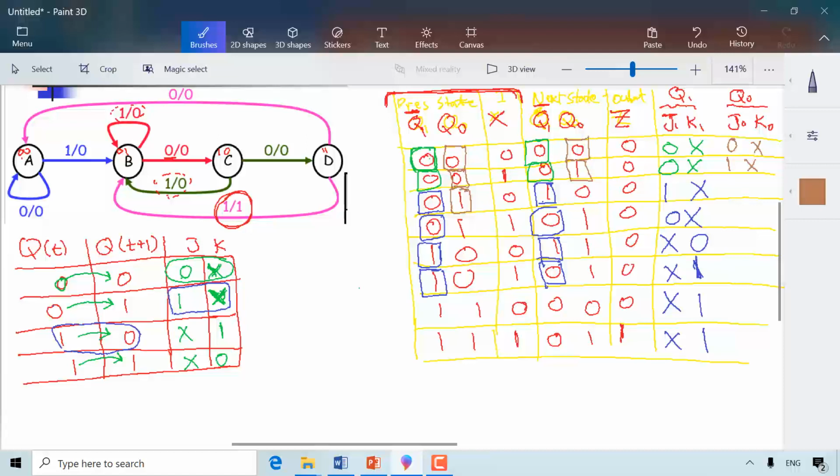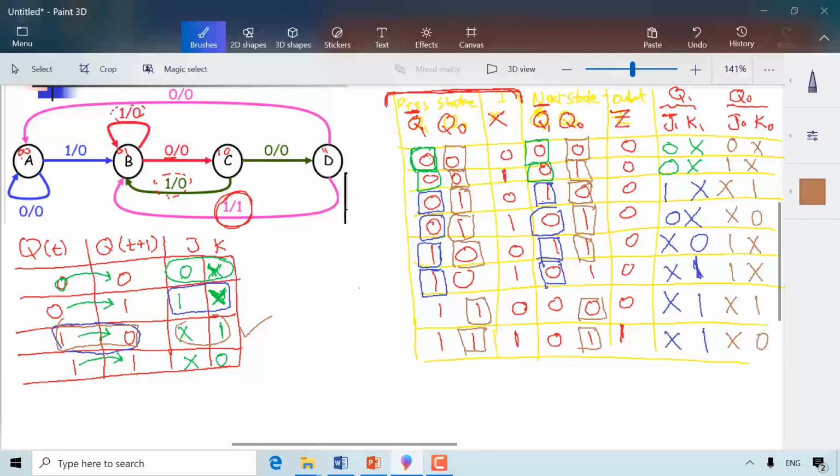When the present state is 1 and the next state is 0, 1 0 is x1. When the present state is 1 and the next state is 1, 1 1 is x0. Similarly, 0 1 is 1x, then 1 0 is x1, and present state 1 with next state 1 is x0.